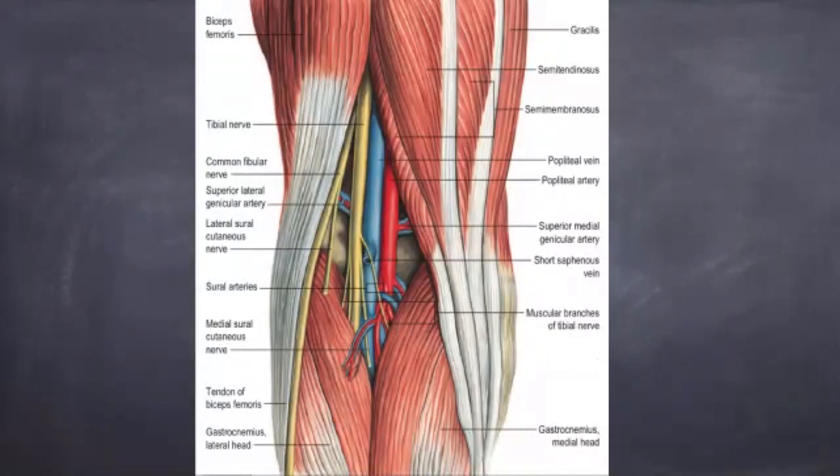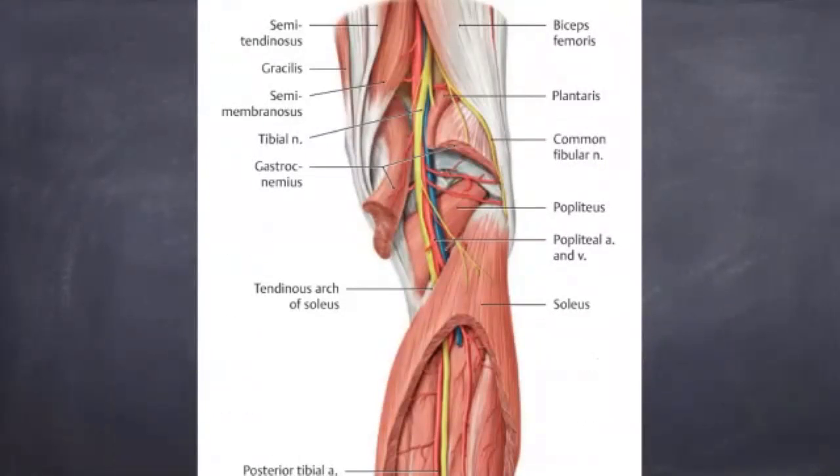Again, this one. Now artery, vein. You see the popliteus muscle, and the cut one of the plantaris, the thread-like muscle.